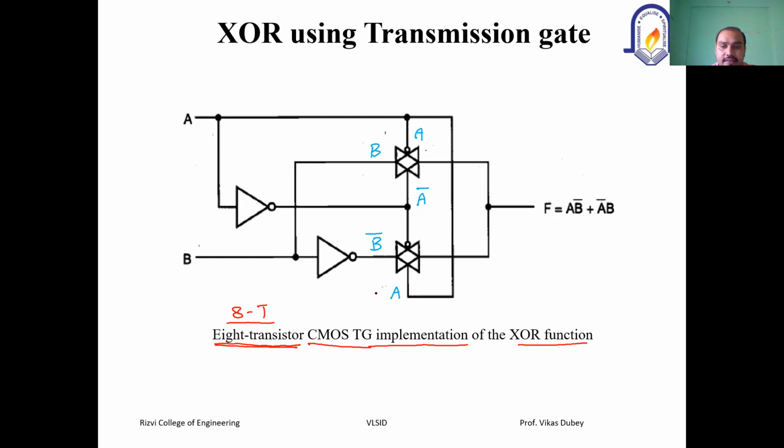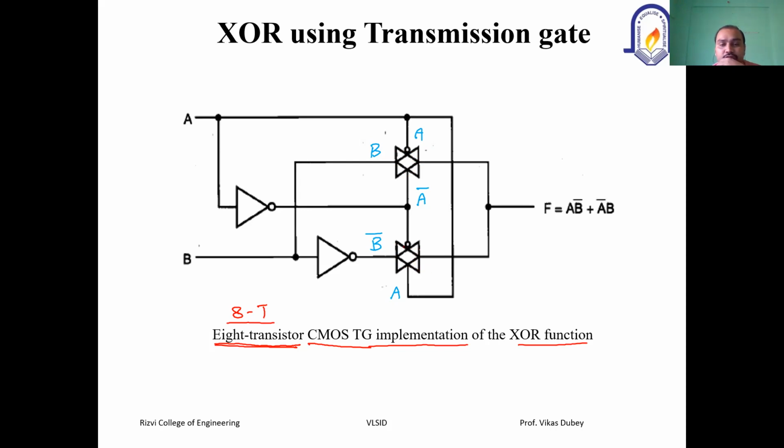It is saying that you can see the statement 8 transistor CMOS transmission gate implementation. So just let me know how it is 8 transistors, because you can see here 2 transmission gates. Based on that, we can see only 4, because here you have 2 transistors for one TG, one PMOS, one NMOS, and 2 transistors for another TG, which is one PMOS and one NMOS.